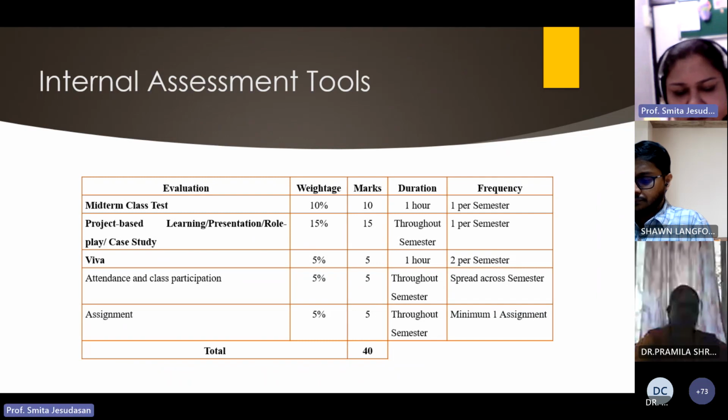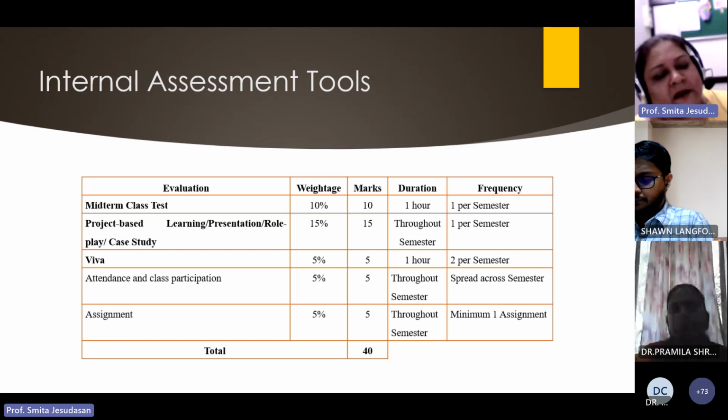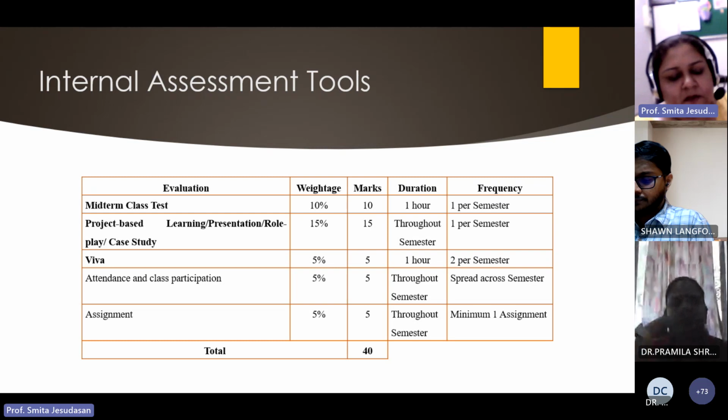In the editorials or in the headlines, there is a news article pertaining to the particular topic that is going to be discussed in class. So we ask for students' opinion, there's a discussion that again constitutes participation. There's a debate, there's a group discussion. So class participation is not measured through one activity, it's a series of activities. So it is spread across the semester.